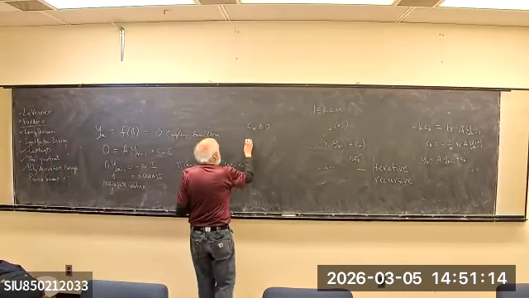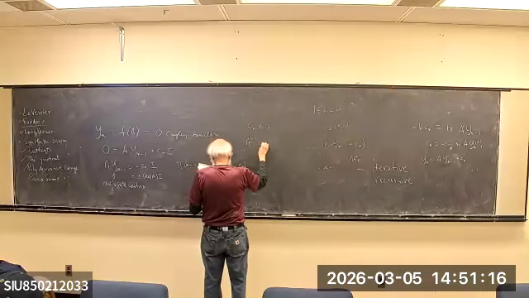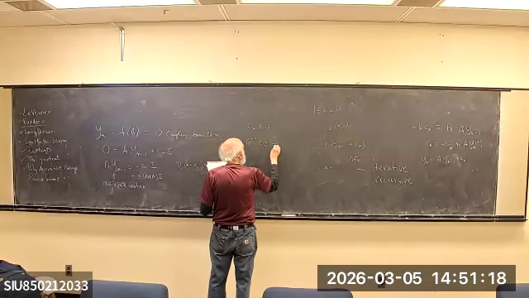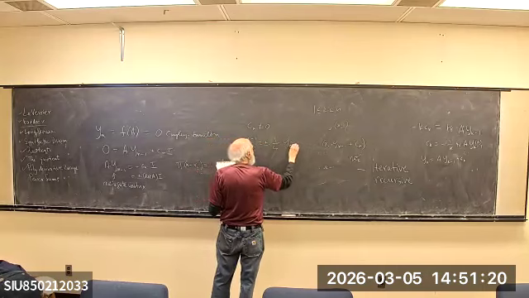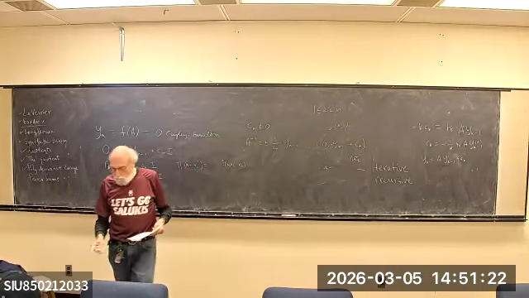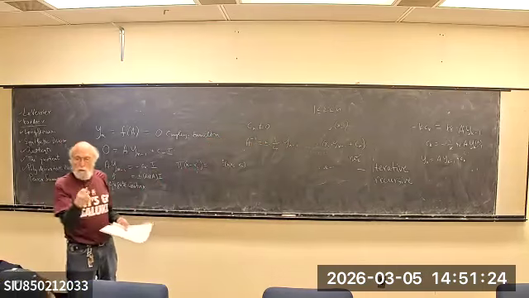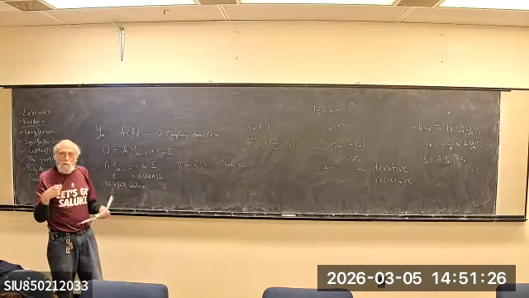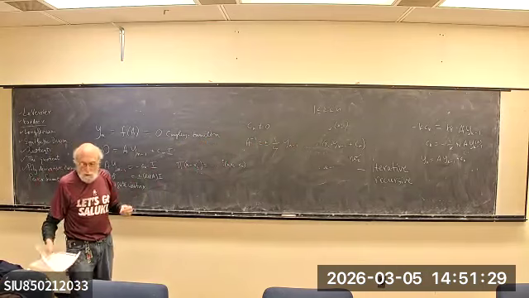So A inverse is something like plus or minus 1 over c_n, y_{n-1}. You'll notice in the code, you keep the previous guy, the one just before the end.